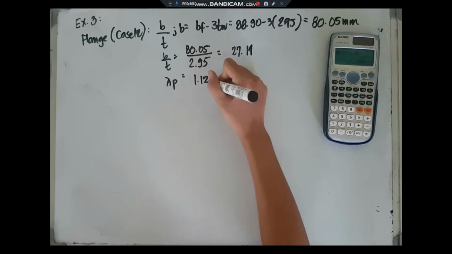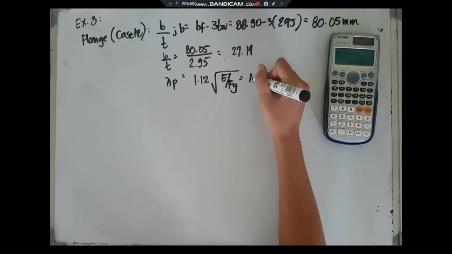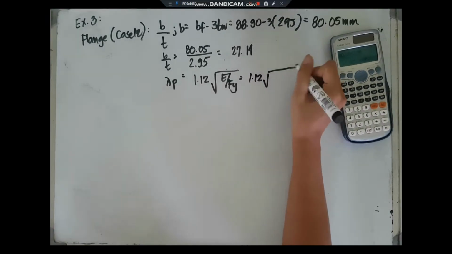And for our lambda p, it is equal to 1.12 square root of the modulus of elasticity divided by the yield stress.